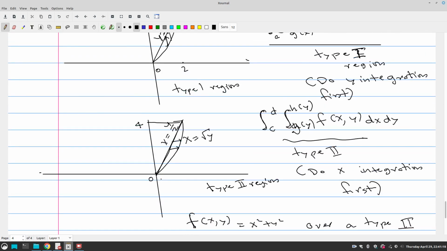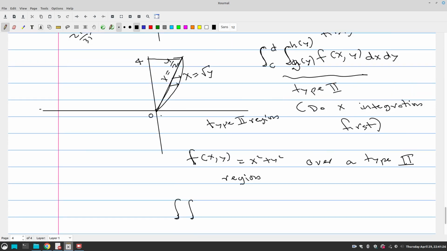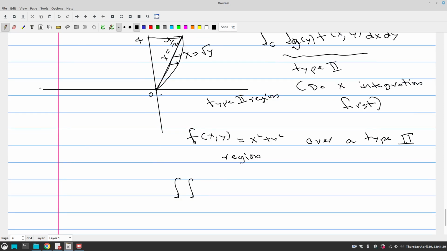We integrated over the type 1 region and got 216 over 35. Let's see if we get 216 over 35 when integrating over the type 2 region. So the first thing you do, of course, you set up the integral, but your integration over x must come before your integration over y. x squared plus y squared dx dy.